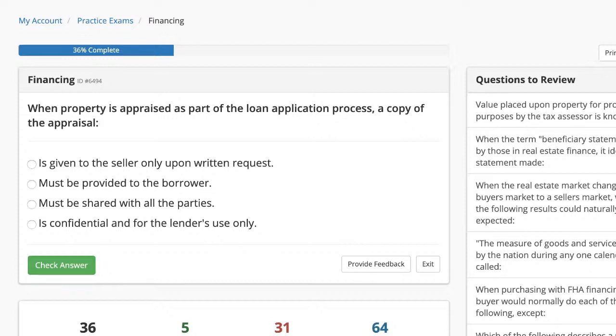When a property is appraised as part of the loan application process, a copy of the appraisal: A, is given to the seller upon written request, B, must be provided to the borrower, C, must be shared with all other parties, or D, it's confidential and for the lender's use only.